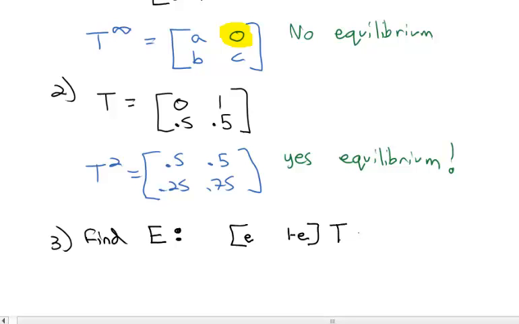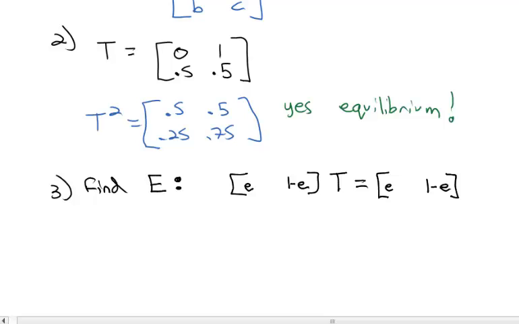And we know if we multiply that by the transition matrix, it's going to equal the equilibrium times 1 minus the equilibrium, because the equilibrium times the transition equals the equilibrium. We can use this to help us solve.